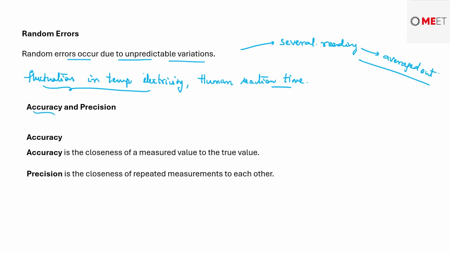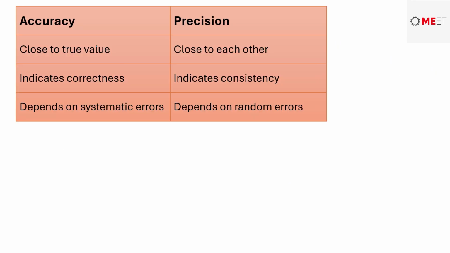Next is accuracy and precision. Accuracy is the closeness of a measured value to the true value. Precision is the closeness of repeated measurements to each other. The difference between accuracy and precision is that accuracy is close to the true value, while precision is close to each other.